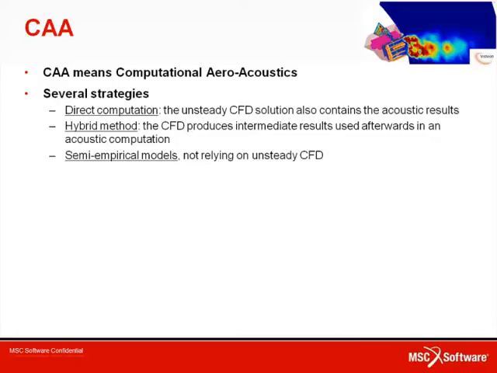Then we have the hybrid methods, where the CFD solver is used to produce intermediate aerodynamic results, and those results are used afterwards in an acoustic computation performed by a dedicated acoustic solver. And then third, we have the semi-empirical models that do not rely on unsteady CFD. These methods are usually cheaper since they don't need a CFD, but they are not very accurate.